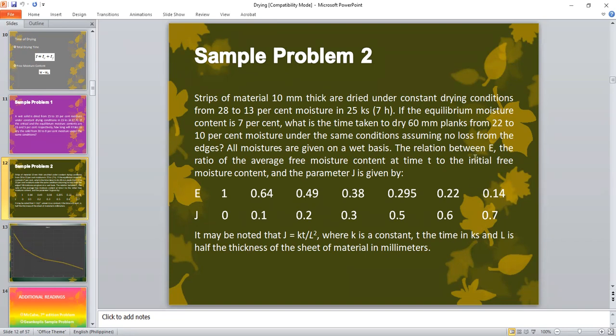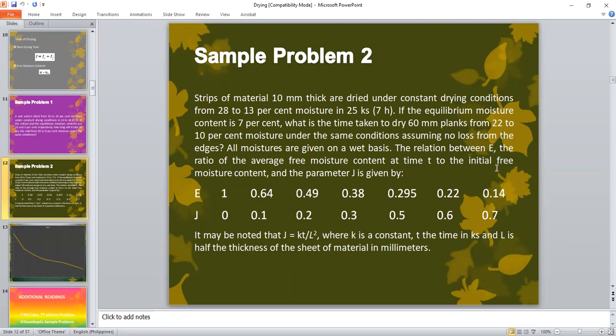So the relationship between E, and what is this E? The ratio of the average free moisture content at time T to the initial free moisture content, and the parameter J is given by. This is what I mentioned to you a while ago, that there are problems which will give you parameters relating the average free moisture content to the moisture content at any time, and final moisture content as well.